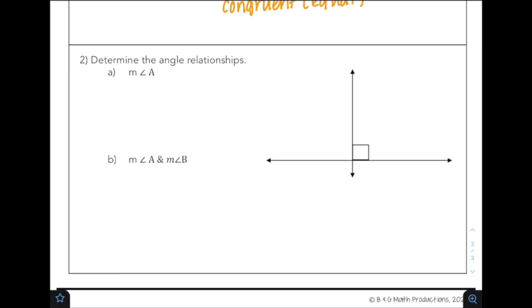If I have the measure of angle A and the measure of angle B, I need to figure out what the angle relationships are. This is going to be a huge hint. This is going to tell me right off the bat that this angle is 90 degrees. So the measure of angle B equals 90.